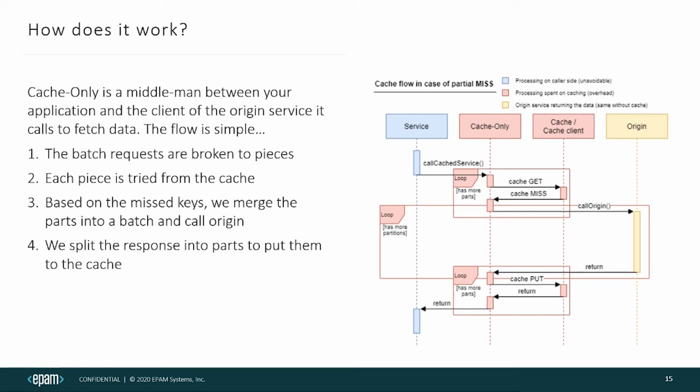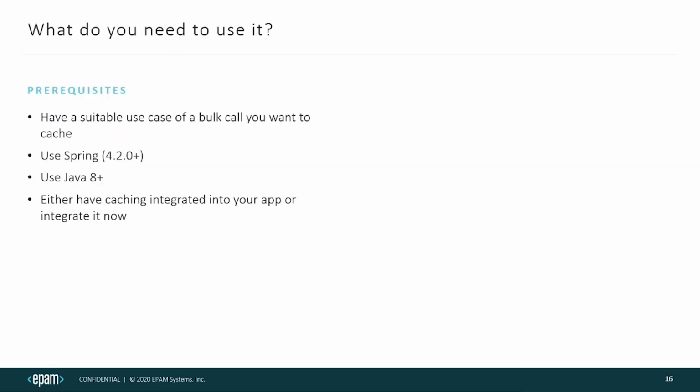So the next partial request will match it, and then we will merge everything together. So everything that was coming from the cache and everything that was coming from origin is merged back together, and the service returns. So you can imagine that this might be quite some work, and you would be right.